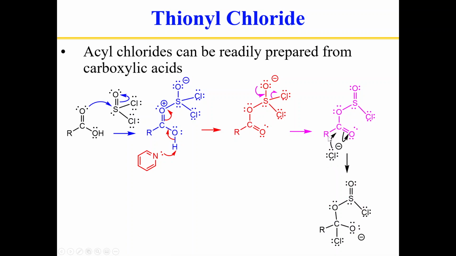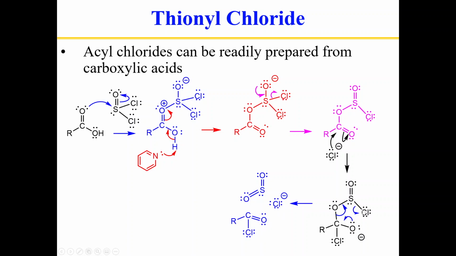Then that chloride ion, or some other chloride ion in solution, is going to attack the carbonyl carbon, replacing that unfavorably negatively charged oxygen, which then drives the final step of the reaction. A Diels-Alder-like reaction, kind of a cyclic rearrangement of bonds, to produce our final product right here. The acyl chloride is our final product.